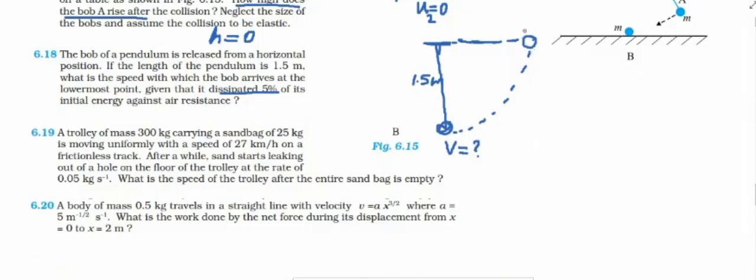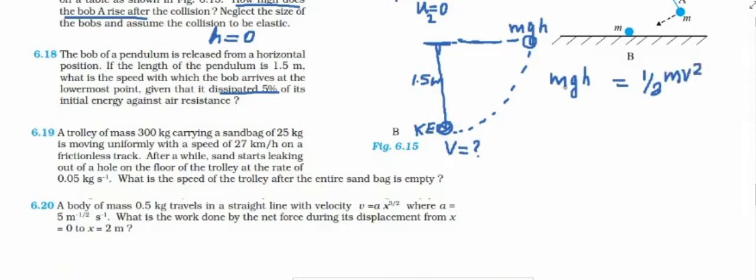In horizontal position, you know its energy is only potential energy, mgh, and at the lowermost point, it has only kinetic energy, no potential energy, because at the lowermost point the height becomes 0. Here value of h is 1.5 meter. Now the potential energy is completely converted to kinetic energy, half mv square, at the lowermost point.